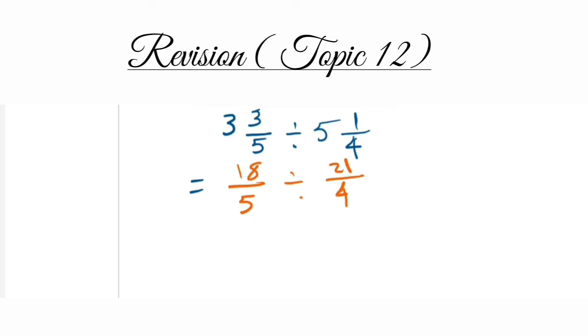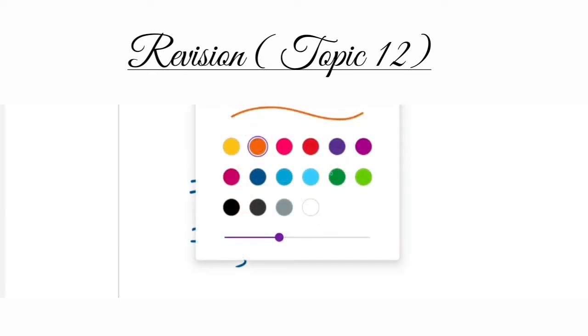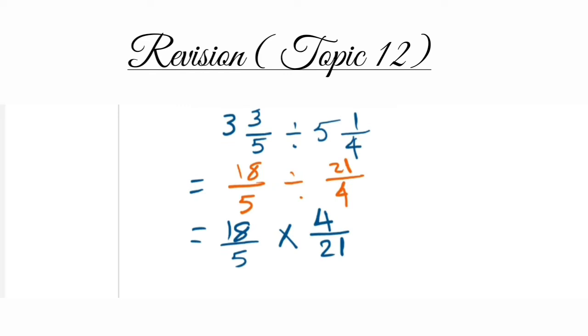Now, divide. So, write the dividend and change division into multiplication. Get the reciprocal of 21 over 4, which is 4 over 21. Simplify if you can. So, I have here 18 and 21.